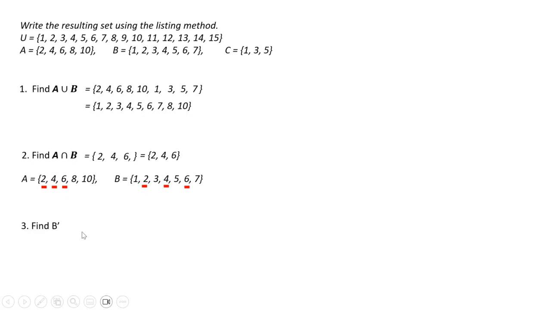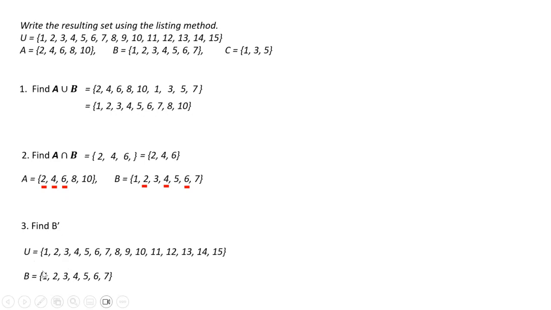Okay. Number 3 says find B complement. Remember the little symbol on top means B complement, or it means not B. I like to use the wording not B. So we're going to go to the universal set because these are all the elements being considered. The universal set is U. Now this is B, right?